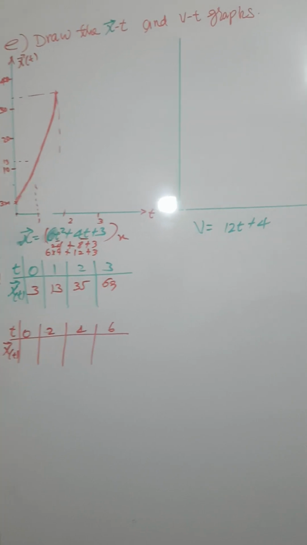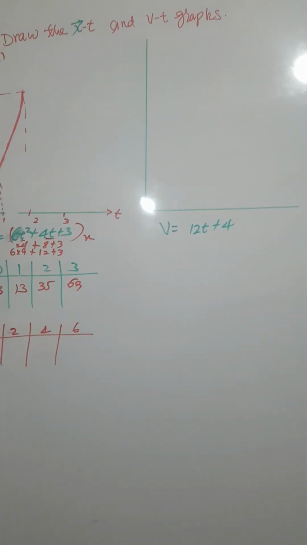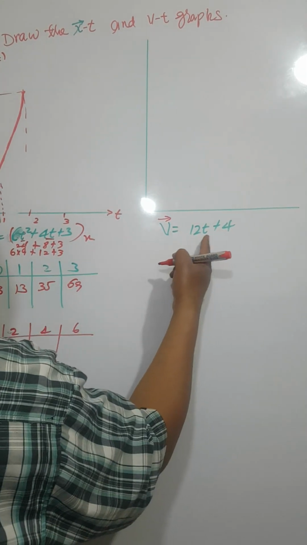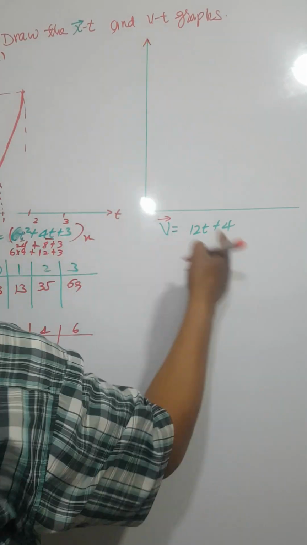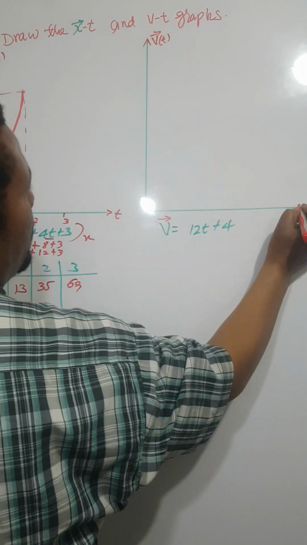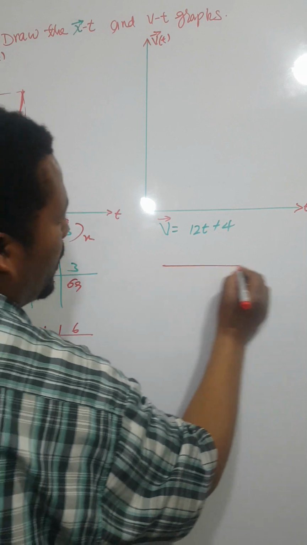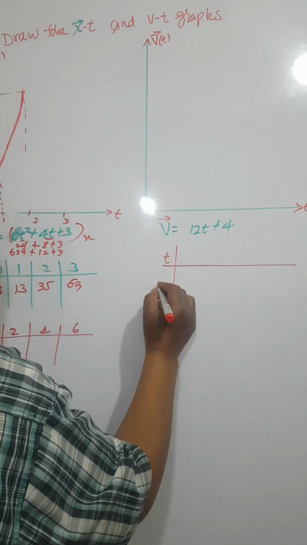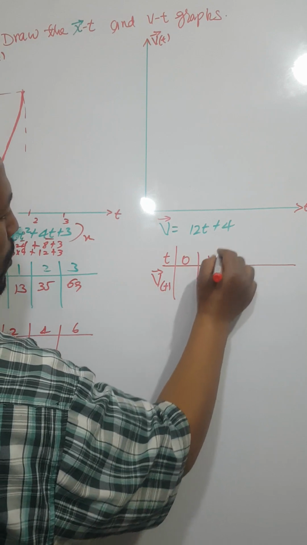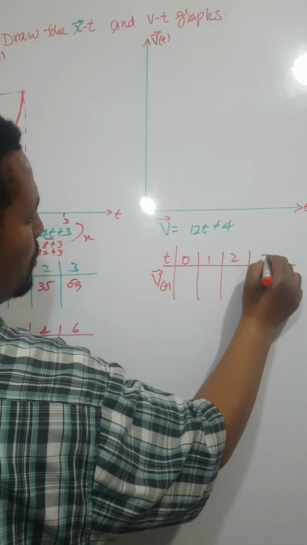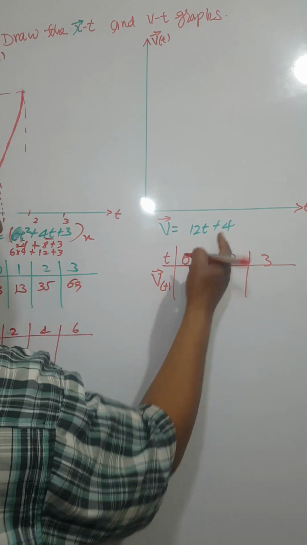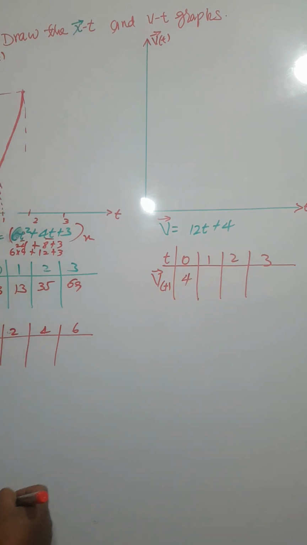Now the v-t graph is here, and the formula for the velocity is 12t plus 4. This is v with respect to t. When the time is 0, the velocity is 4 meters per second.